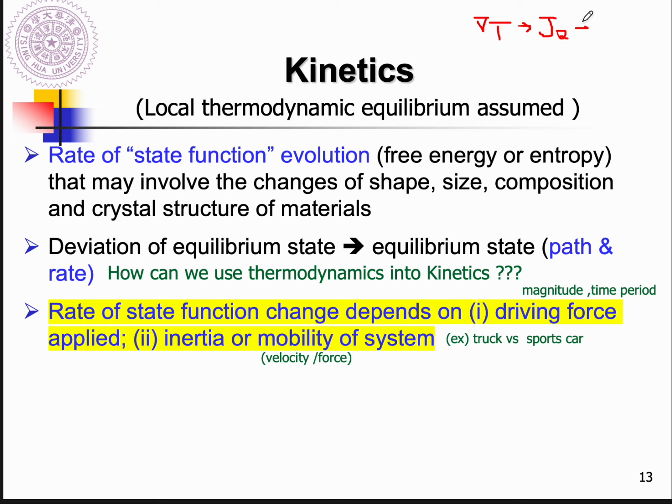But in this case, what is the inertia of the system? It's very difficult to think about, so I can expand the example. If I have two metal bars made of two different materials and I apply the same temperature gradient at the two ends, do you think the heat flux will come out the same?